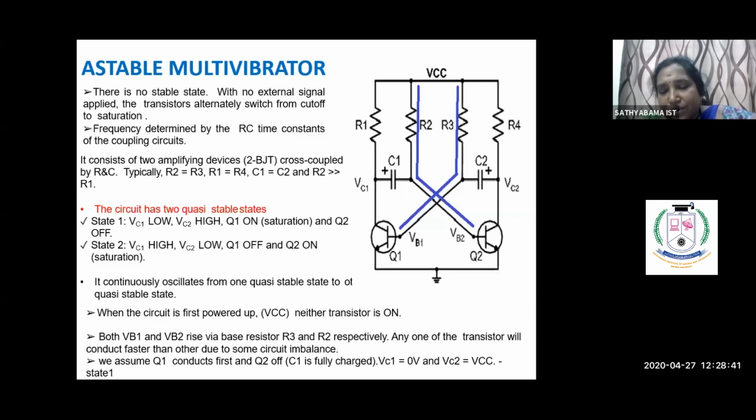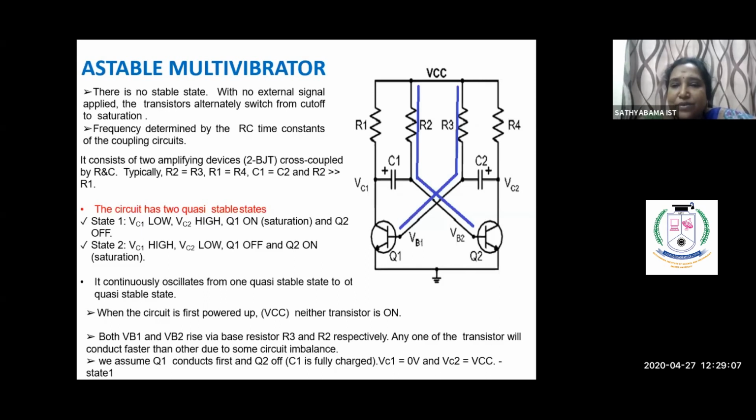So now the Q2 transistor is switched off. If it is switched off, VC2, the output of Q2, is high. That high is coupled through the C2 capacitor and given to the input of the Q1 transistor, so Q1 is on.